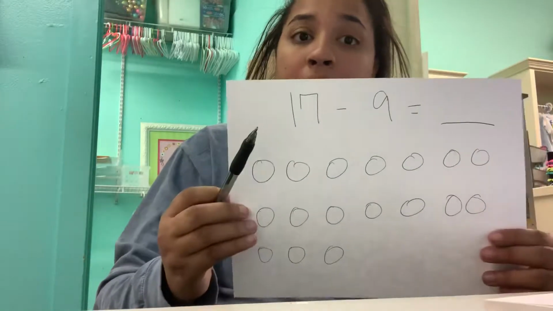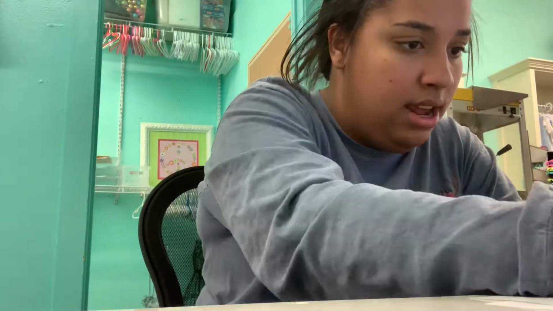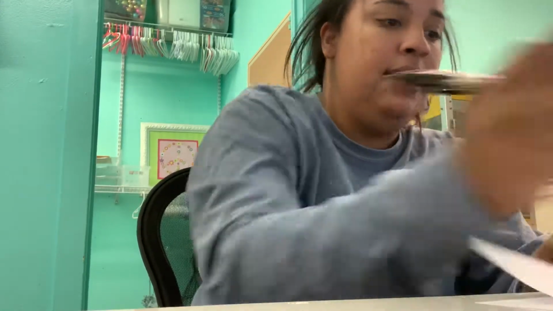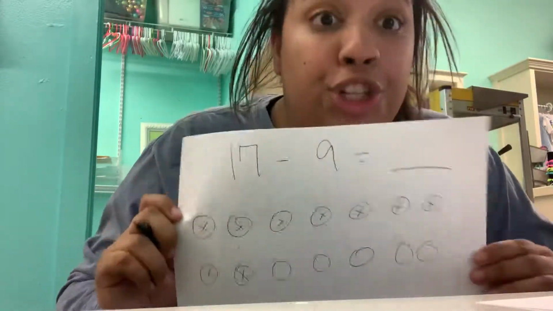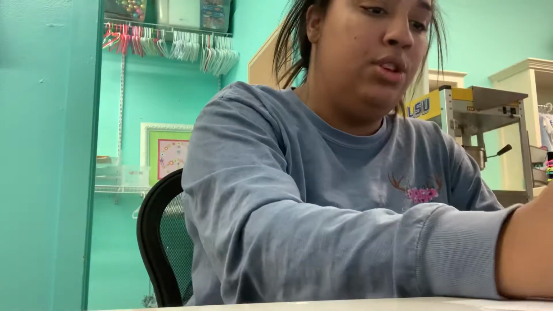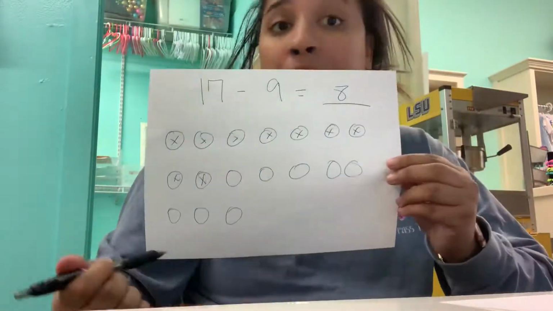The way that we are going to do this is make 9 X's on the counters. So now we have our 9, and we're going to count the counters that do not have any X's on them. 6, 7, 8. So our difference for 17 minus 9 is 8, because there's 8 counters that do not have X's.